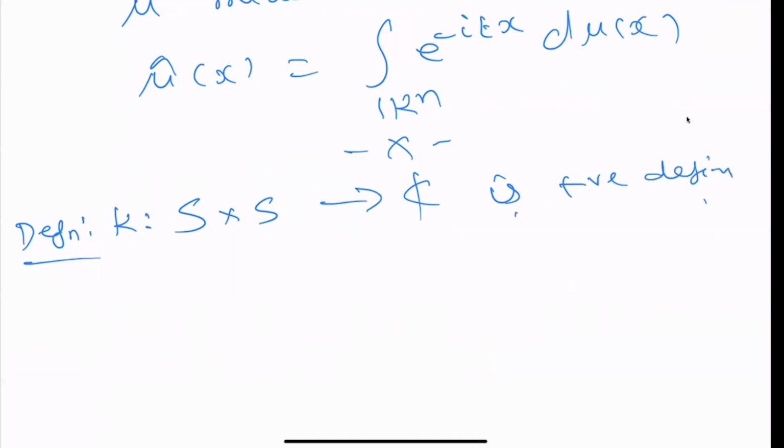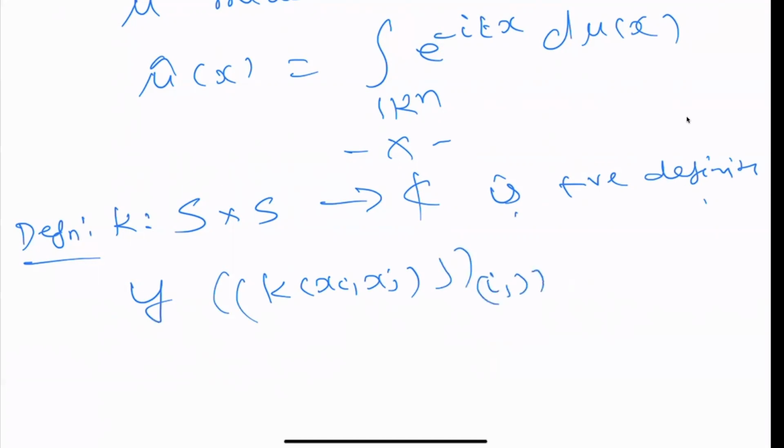If the matrix formed by k of xi, xj, for i, j, is a positive definite matrix for all x1 up to xn contained in this set S. You take any set, possibly you can repeat elements, it doesn't matter.